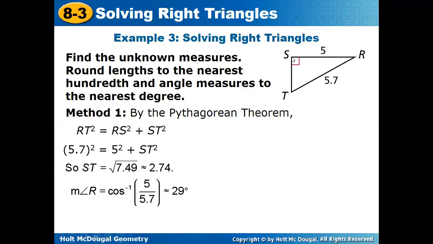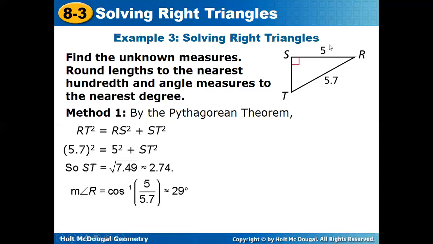We also found the third side. Depending on the two given sides, we have the hypotenuse, and one of them, this 5, we can consider as the adjacent leg for angle R or the opposite leg for angle T.